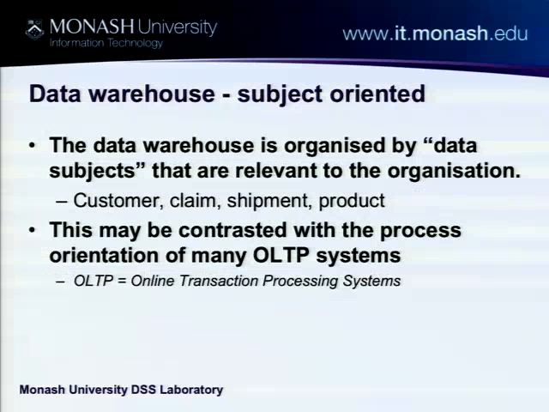The first, subject-oriented and integrated, refers to the fact that when you have an operational database management system, it's typically been normalised to at least third normal form, a bit higher level than normal forms. And what happens when we normalise? When we go through the normalisation process, what happens to the design of the database system?